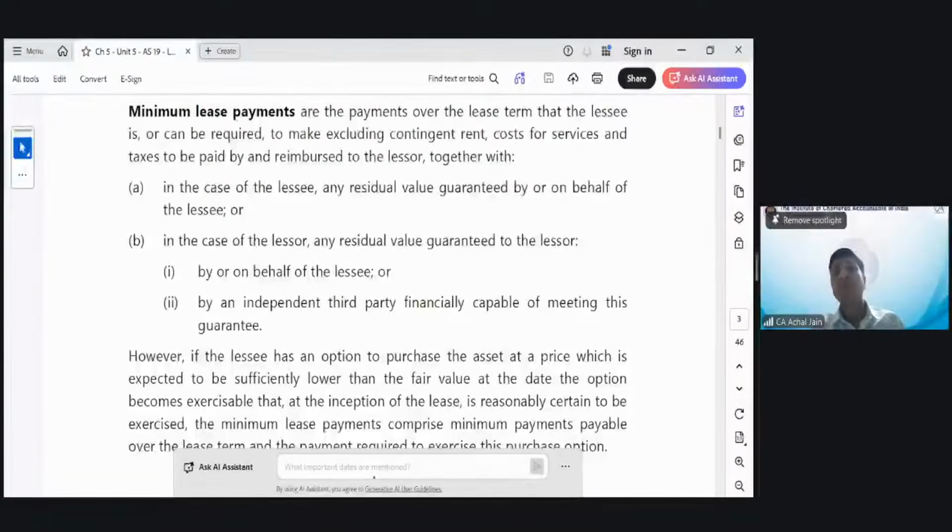So if you get a question to compute minimum lease payments from the perspective of the lessee, you will include the residual value which is guaranteed by or on behalf of the lessee. Why? Because it's a commitment from the lessee to the lessor. So that's why you should include that.